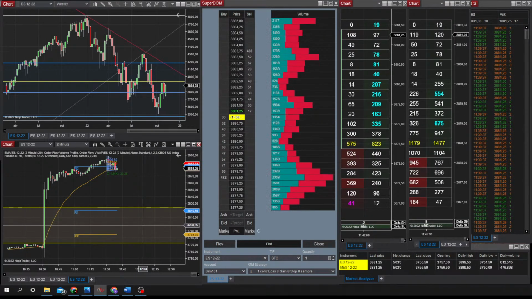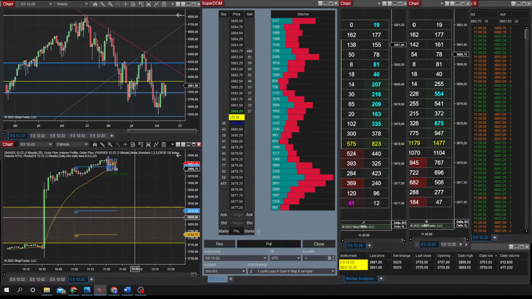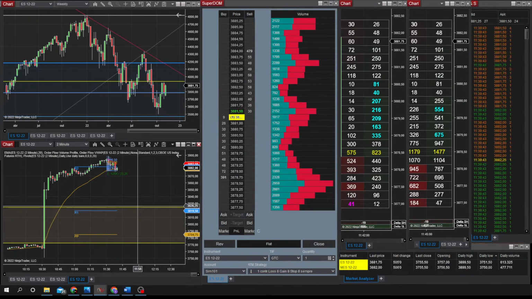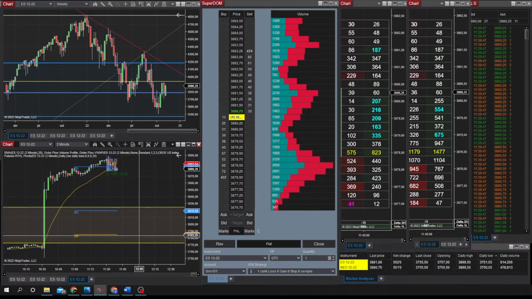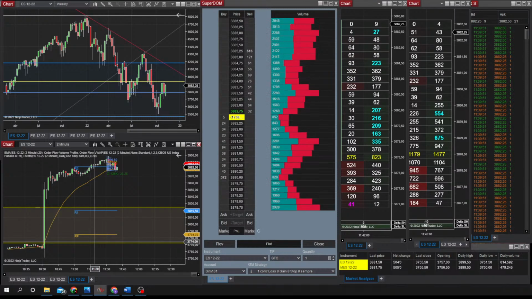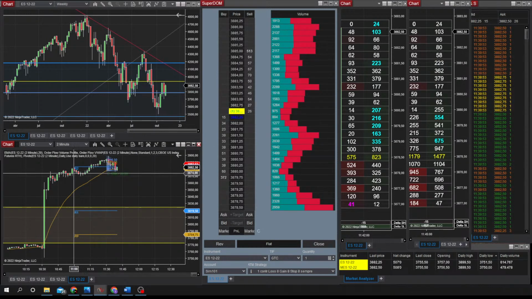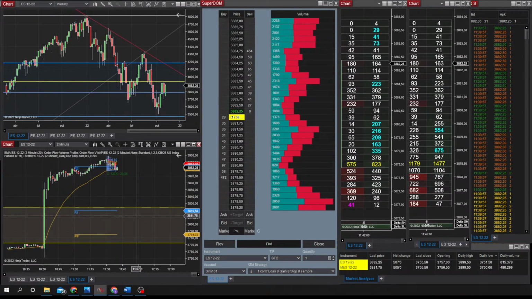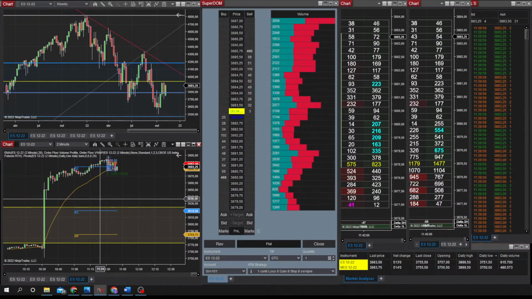So I really like to take it into consideration, since usually there are at least temporary supports and resistances. And you can also understand that if, for example, here we are trading above the value area, we can say that the market is strong. We have bull strength.